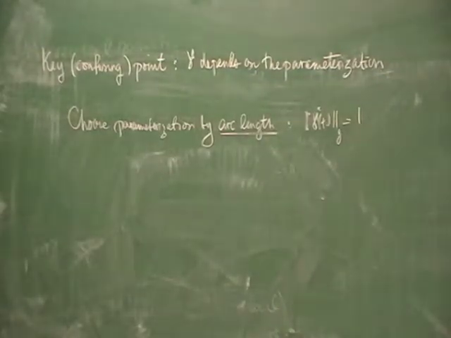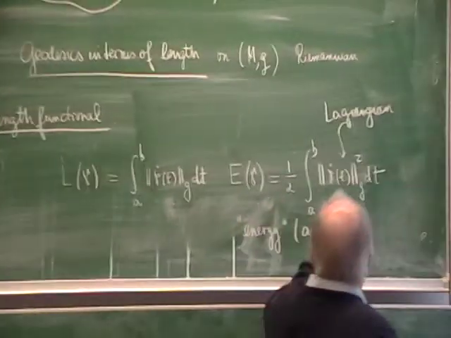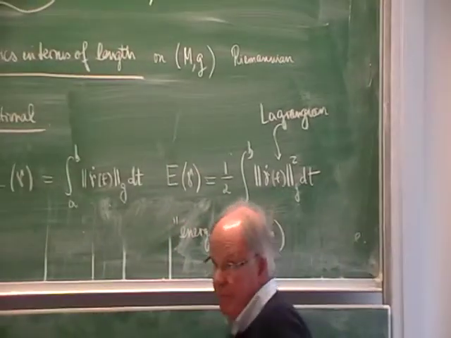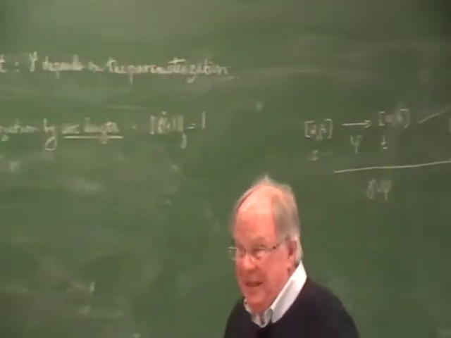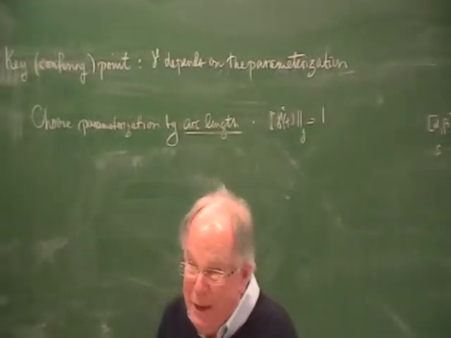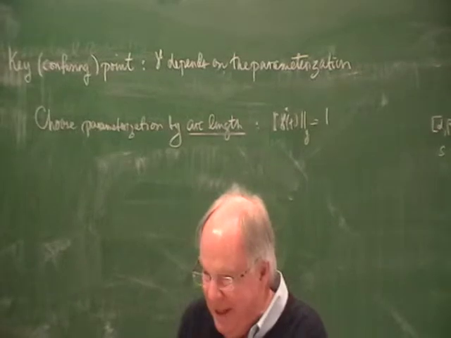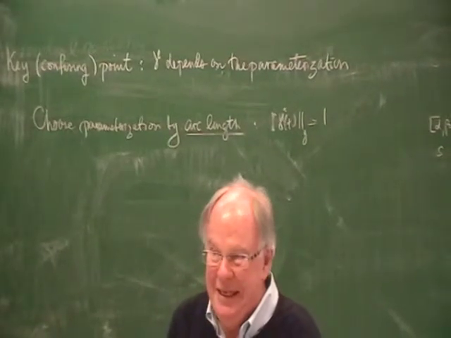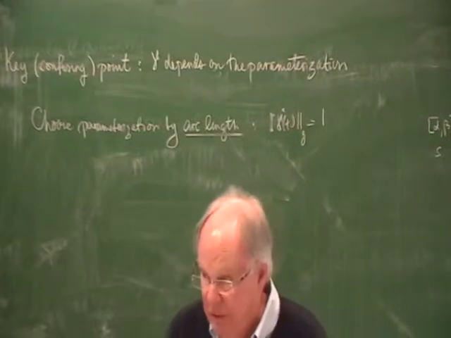That means that these two integrals are, up to a constant, the same. This means that the physicists, as usual, are right. We don't need to look at the square root of this thing. We can look at the Lagrangian and the action, because it's the same.